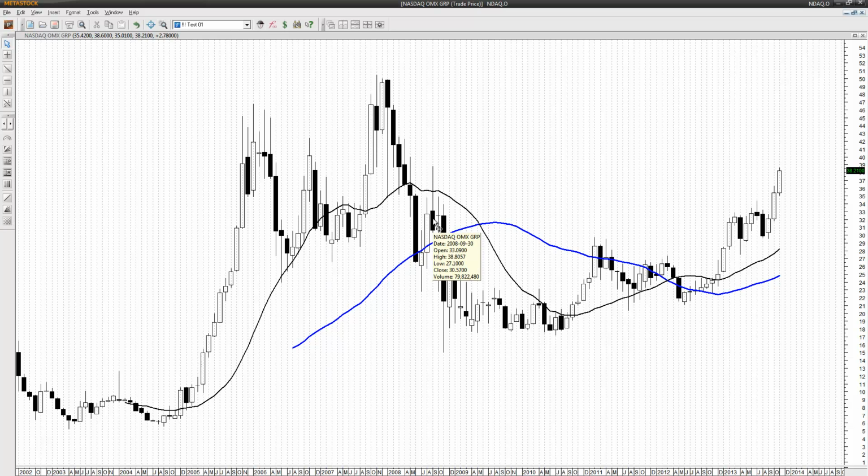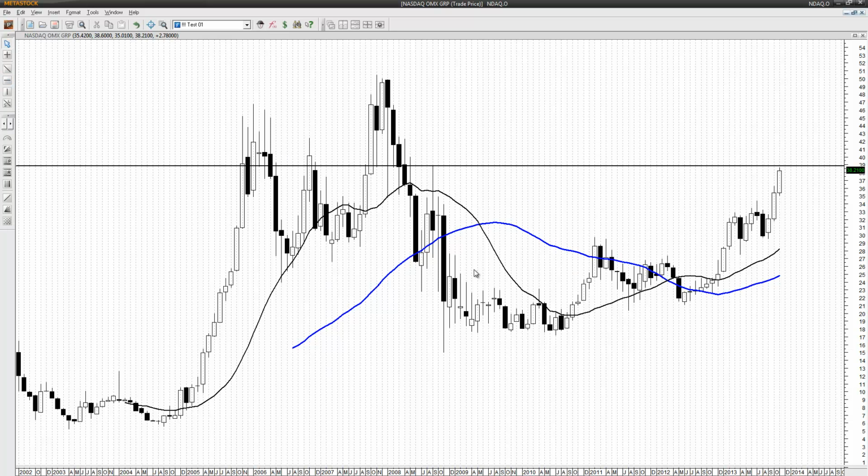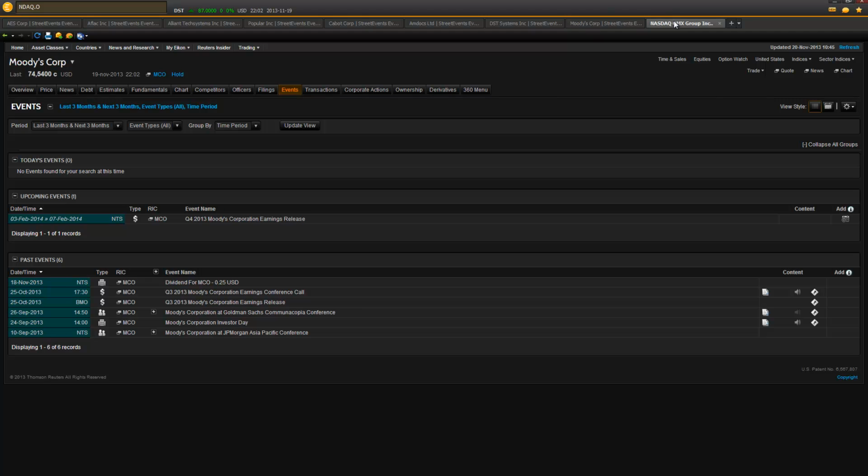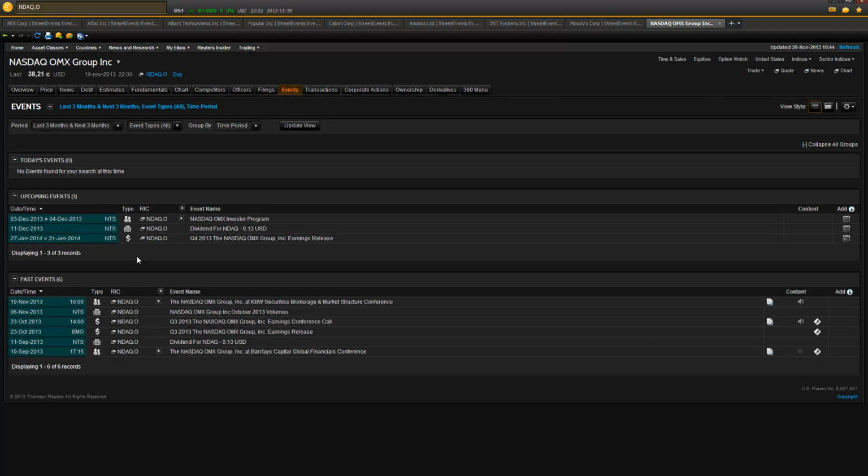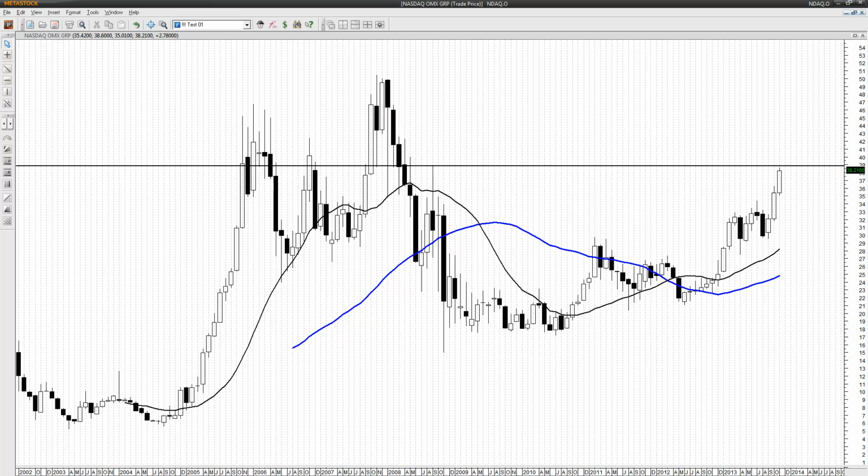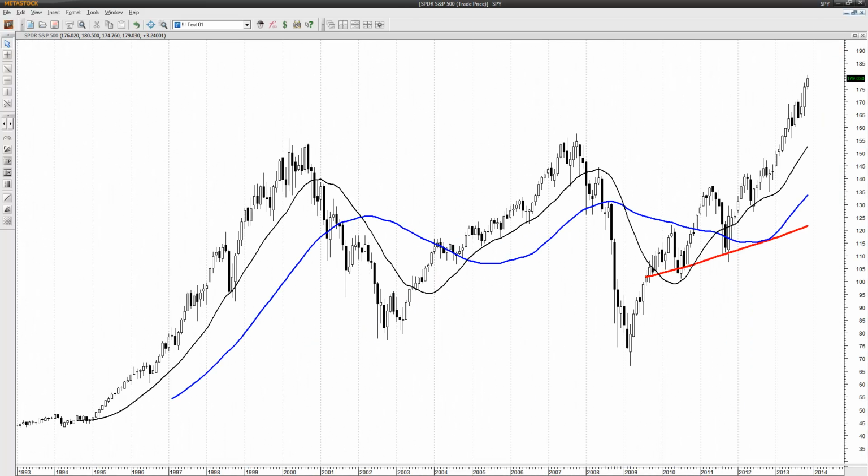This is the peak that I'm using. The print for the high is 38.80. That's the level I'm going to use for my short sell limit order. And Nasdaq doesn't have any earnings coming up. That was the last chart I've got to show you.